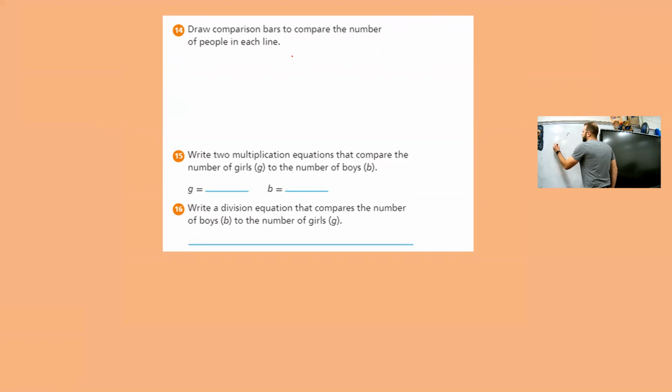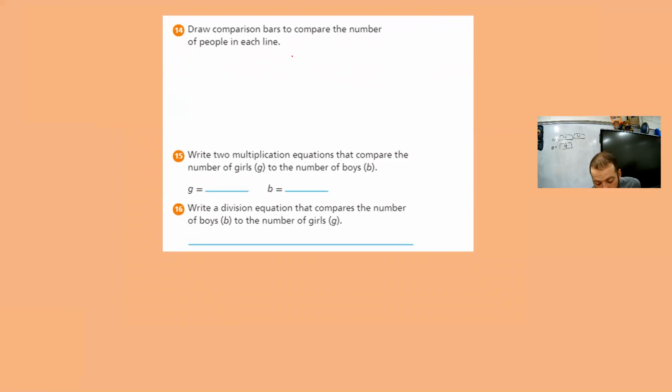So they want you to say boys. And then they want you just to know that you would compare the girls by making groups of 4 so it's easier to see. I'm not worried if you don't know how to do that. Today's lesson, you need to know how to multiply fractions. Okay. So that's your comparison bars.